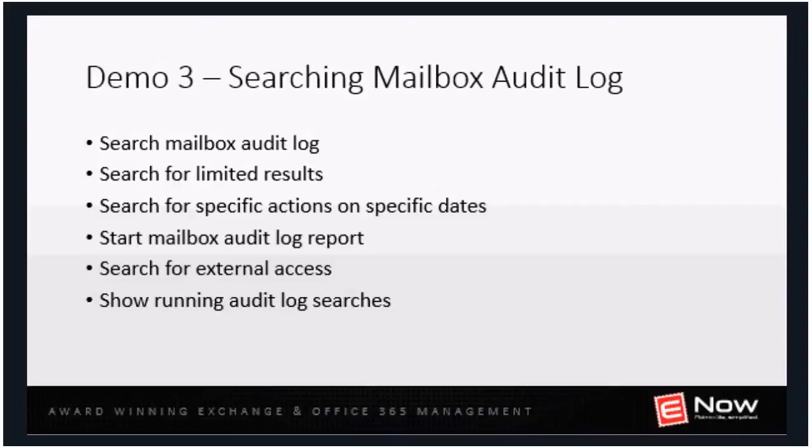Search for limited results, search the whole log, whole deal, all kinds of stuff. So one quick switch back to my monitor. All right, should be up now. Everybody can see that, hopefully. Let me clear this off.